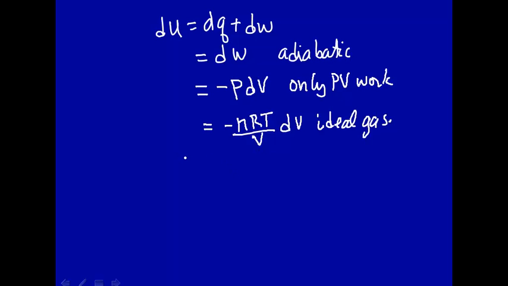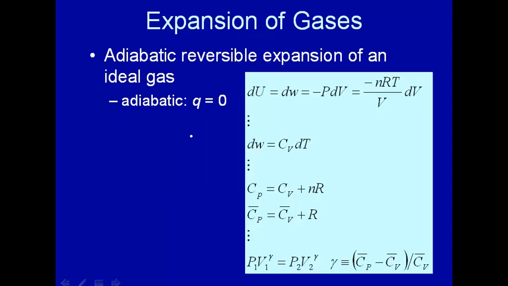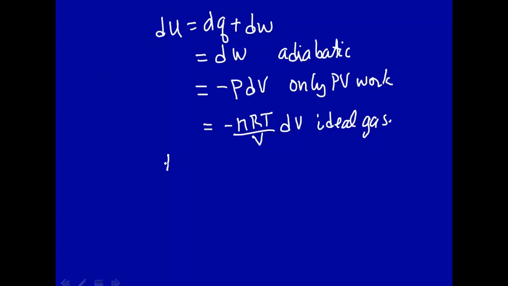We also know that, for the adiabatic expansion of a gas, we'll have a temperature change, so we can also calculate the change in internal energy as CV dT. So there'll be a temperature change, and the heat capacity at constant volume times that temperature change will give you the change in internal energy.